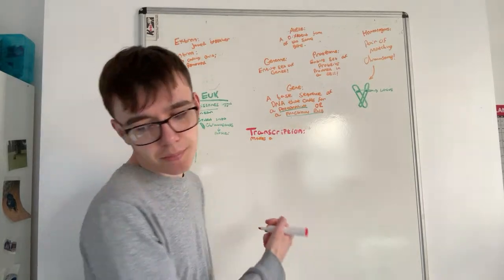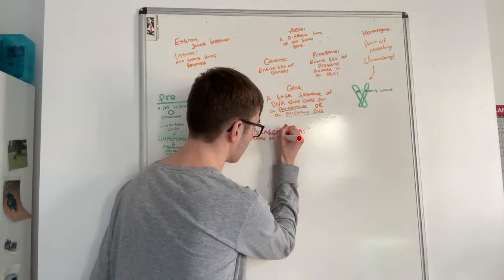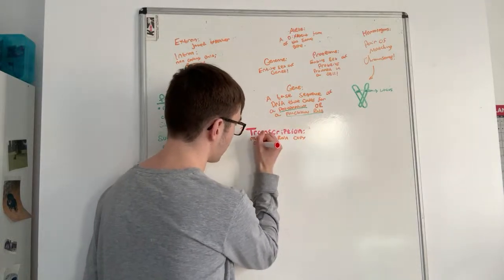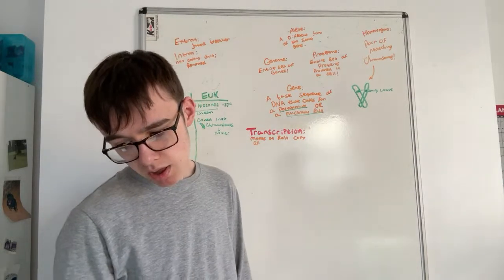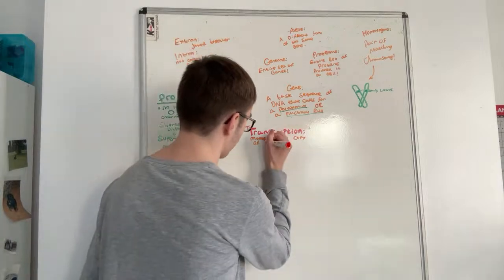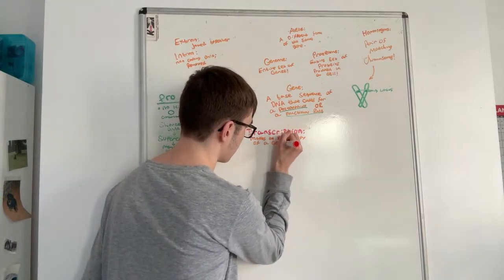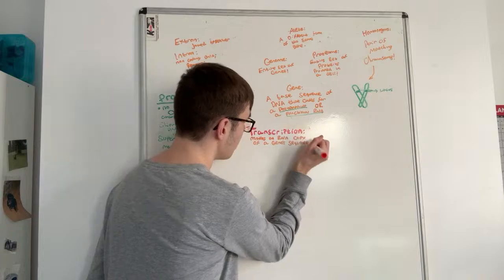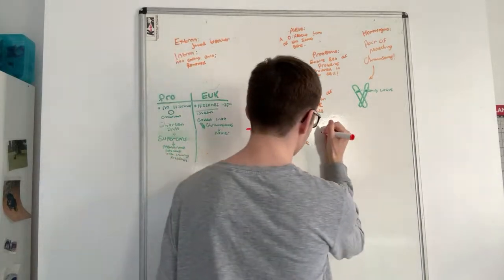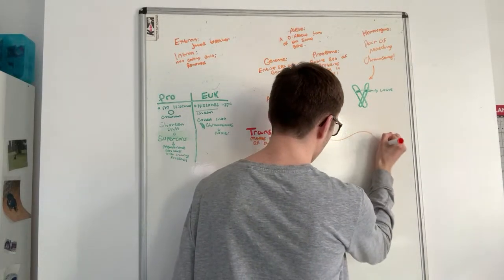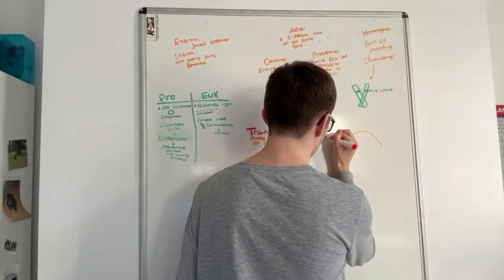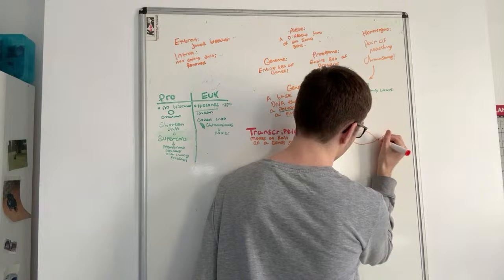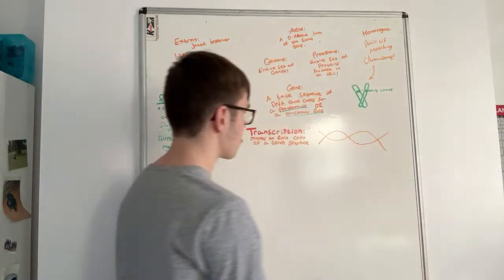So already we can write down that it basically makes an RNA copy of a gene's DNA sequence. Which makes sense, right? In fact, I'm even going to draw a kind of double helix here to highlight this.